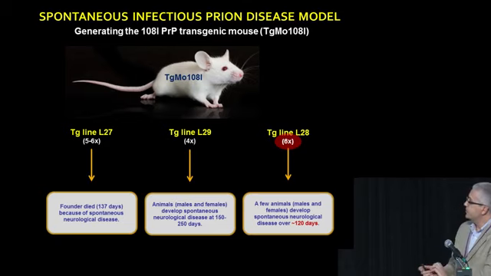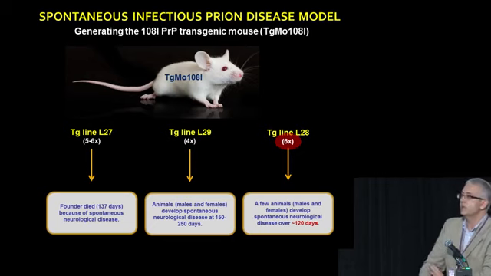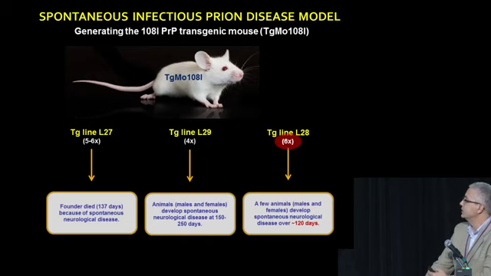With this information, we wanted to go to the animals. This is the reason why we did these experiments in vitro, in order to choose the right models for understanding this spontaneous phenomenon.